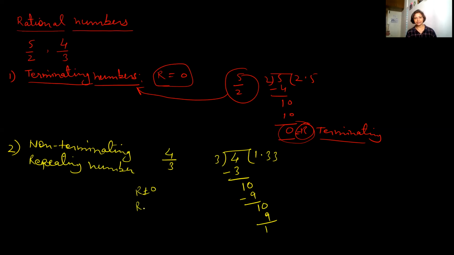You are getting the remainder repeating, all the time 1, 1, 1, and so on. It will go till infinity. That means it is non-terminating. It is not terminating anywhere, and it is repeating the remainder all the time. So this is a non-terminating and repeating number.